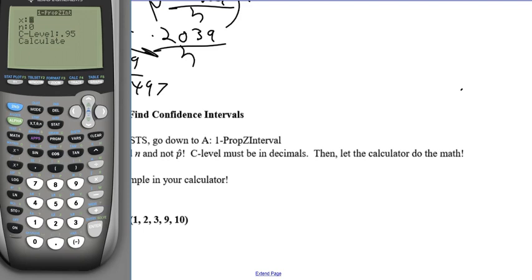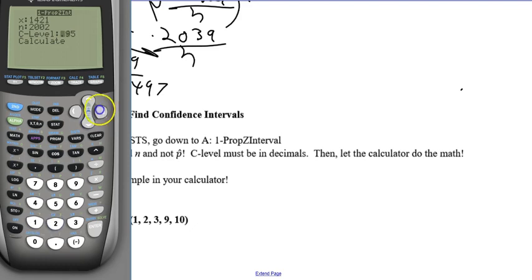So my X for this one would be 0.71 times 2002 for the 71% of them. Now here's the thing. You can't put a decimal in here. So you just got to go up here and get rid of the decimal part. N, we said, was 2002.